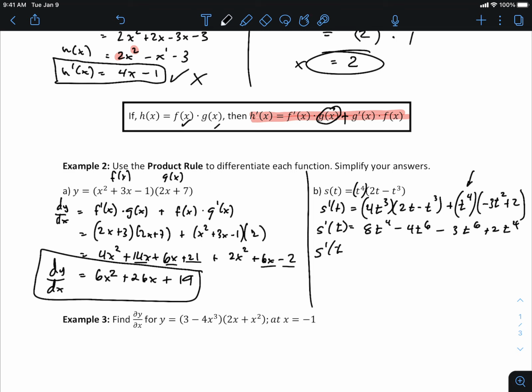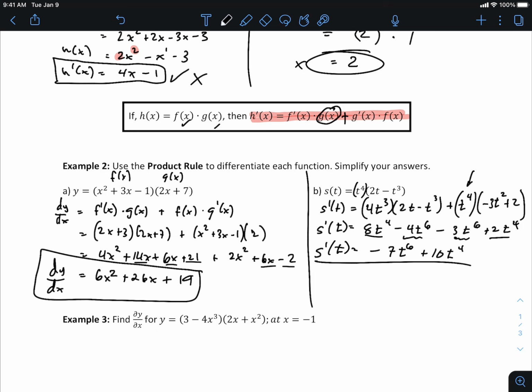S prime of t is equal to 8 and 2. We can combine, and then we can combine these two here. So we get minus 7t to the 6 plus 10t to the 4. Okay, that's it. That's your derivative, f prime of t.